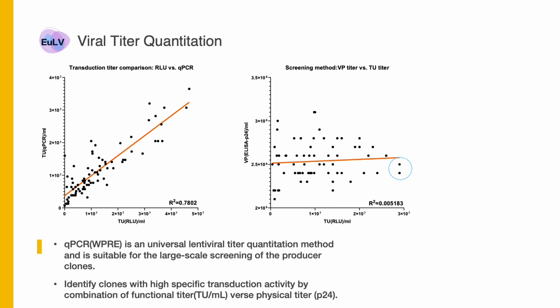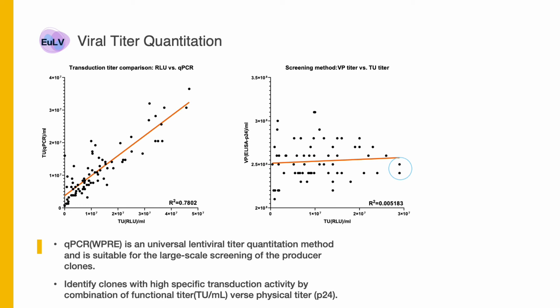Another advantage of the EuLV system is that we can combine the virus physical particle titer, P24, with functional titer during the producer cell line screening to screen cell clones with high specific transduction activity. In other words, clones with a lower empty capsid ratio.